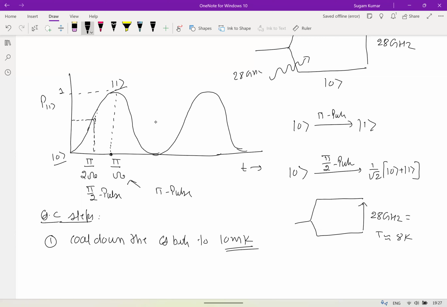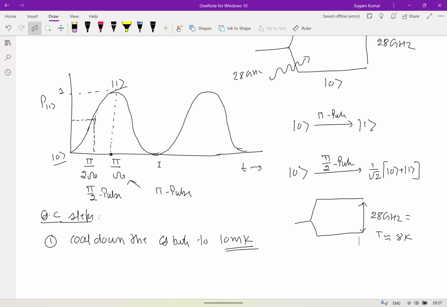It means the separation corresponds to around 8 Kelvin. So if you cool down the system to a very low temperature, let us say around 10 millikelvin.